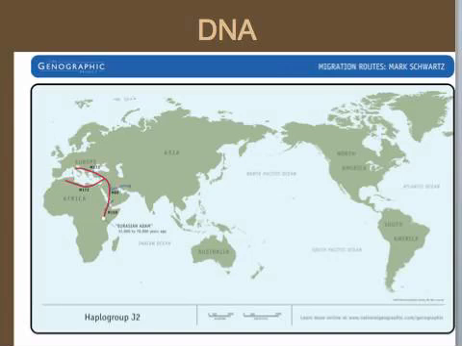DNA analysis has become very, very important. Looking at migration patterns, modern populations, ancient populations, it's very, very useful. And so places like National Geographic and other places have built up databases of full genetic codes for ancient remains and then modern populations.